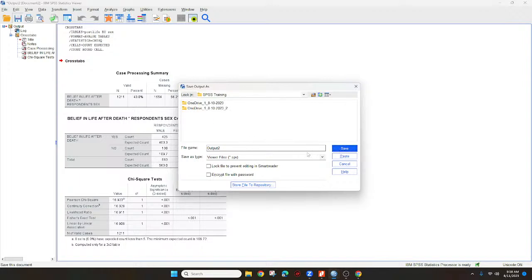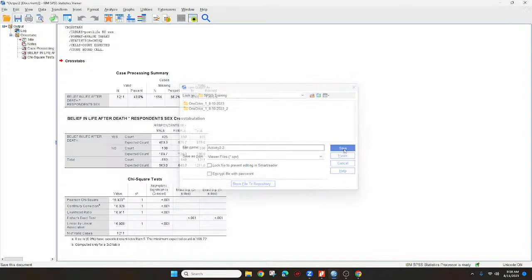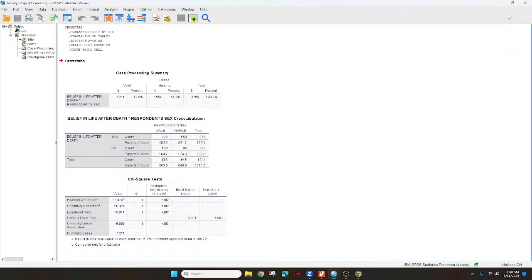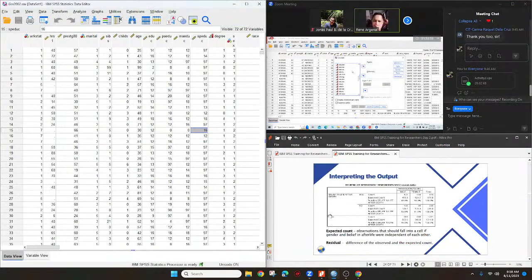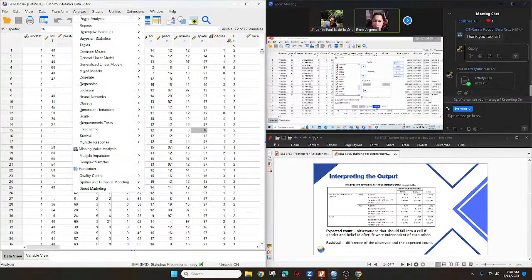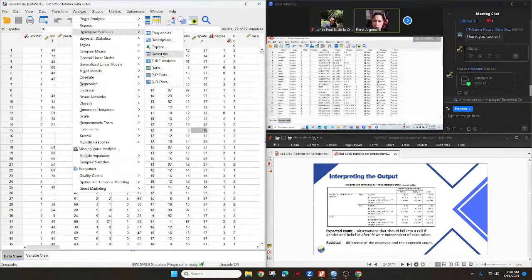And then your row is belief in life after death. What is that variable? Let me check the variable view.